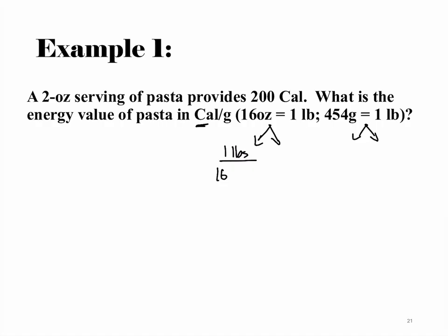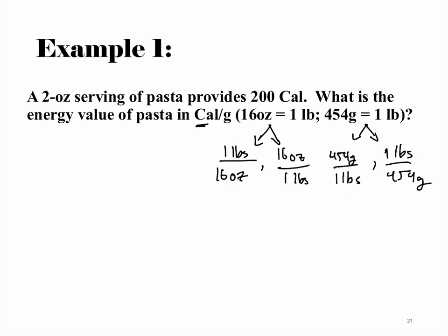And remember, one thing I noticed on the quiz is we always have to write our units. It's easier to keep track of what we're doing. And then we get the inverse, 16 ounces per 1 pound. Then from the other one, we get 454 grams per 1 pound, and then 1 pound per 454 grams.